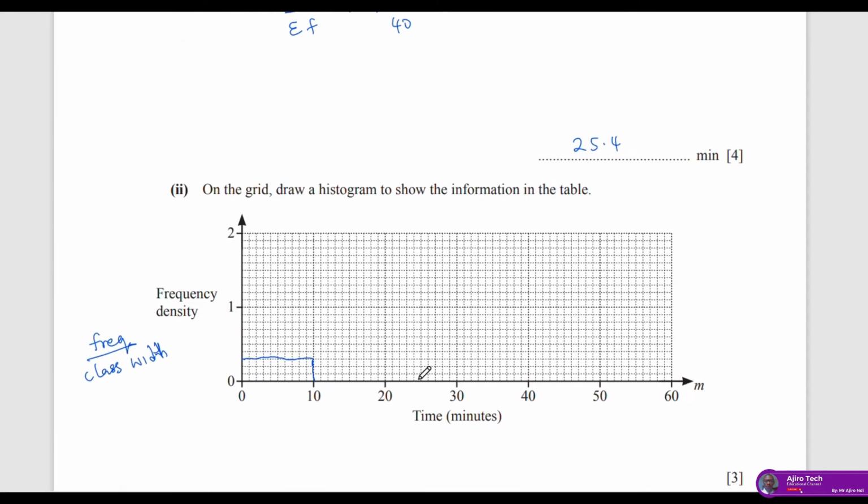25 is somewhere around here: 1, 2, 3, 4, 5. I have 1.2 here, so rolling this, I should get something like this.